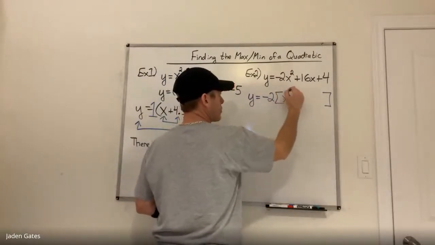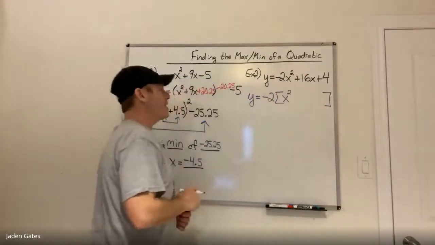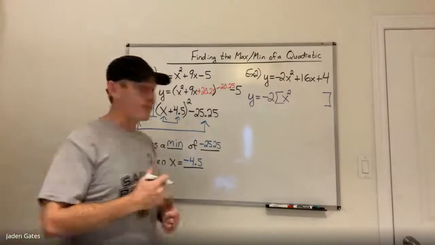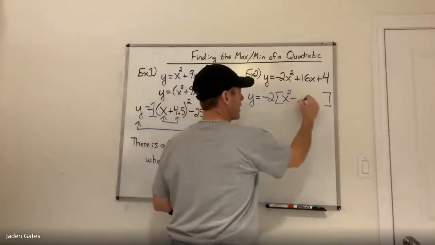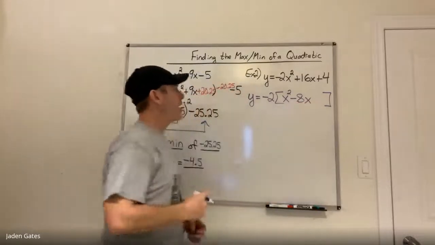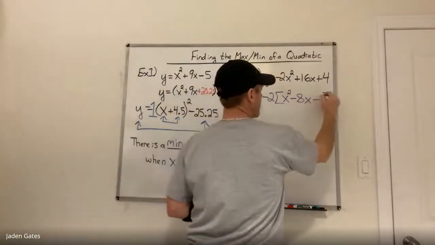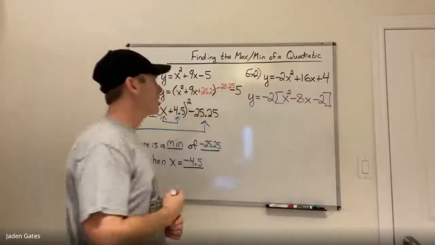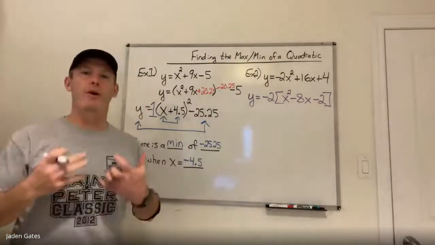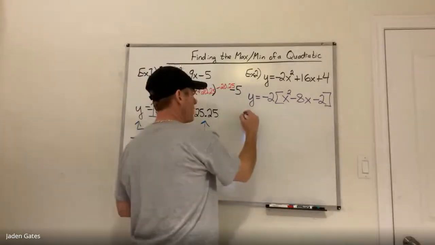Well, that's just x squared. Negative 16x divided by negative 2. Negative 16 divided by negative 2 is a negative 8, and this is my x term. And again, 4 divided by negative 2 is -2. All right. So now I've taken the -2 out. Now I'm going to complete the square just like we did earlier today.